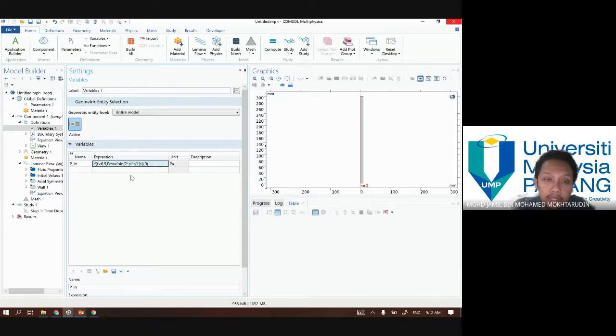In if else here, there are 3 things that you need to input. The first input is the condition, in this case, when time is less than 0.5. The second input is what happens if time is less than 0.5, what is the value for P inlet? And the third one is what is the value of P inlet when time is not less than 0.5.